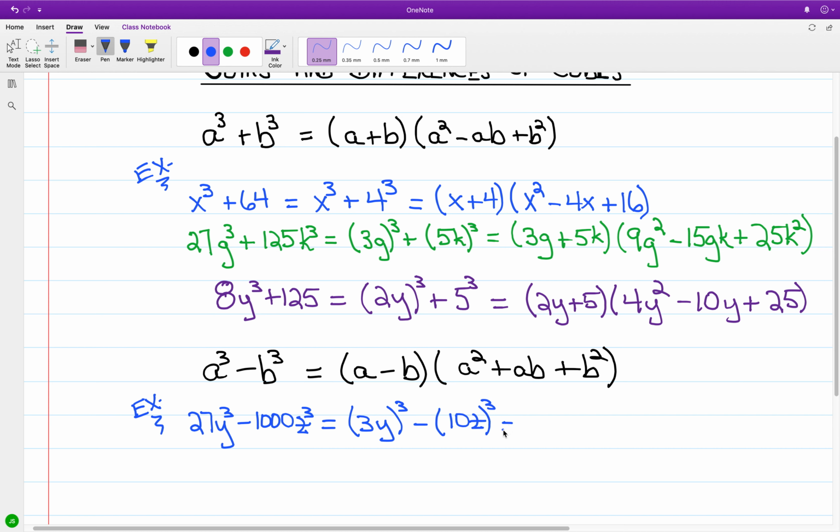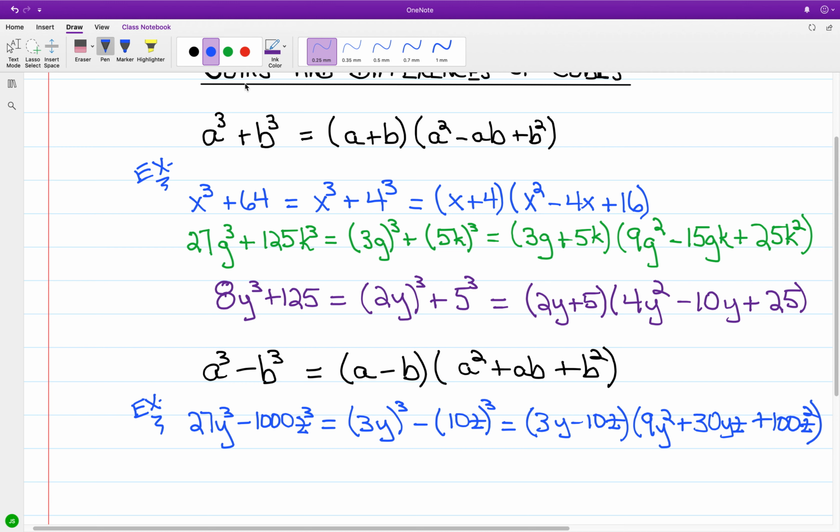So a is 3y, b is 10z, and for a minus b we have 3y minus 10z, times the quantity: 3y squared represents a squared, 3y times itself gives 9y squared, plus ab, plus 3y times 10z, which becomes 30yz, and for b squared, that becomes 100z squared.